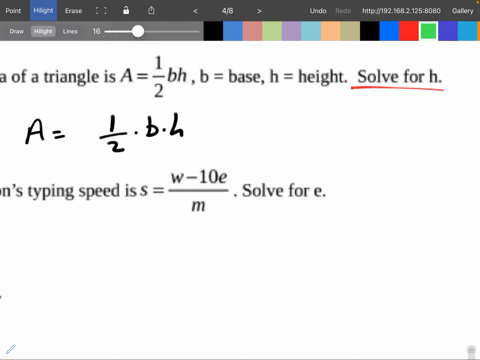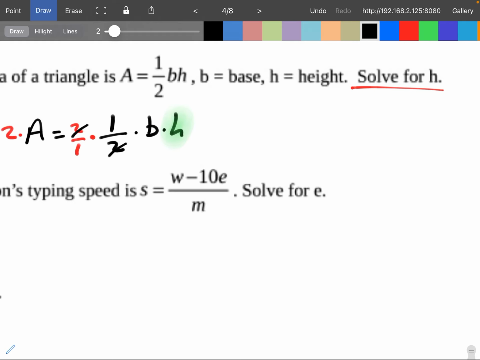I'm trying to get this h all by itself. How could I get rid of that 1/2? Yeah, I could multiply by 2/1. So let's multiply this side by 2/1, and then we'll multiply the other side by 2 also.